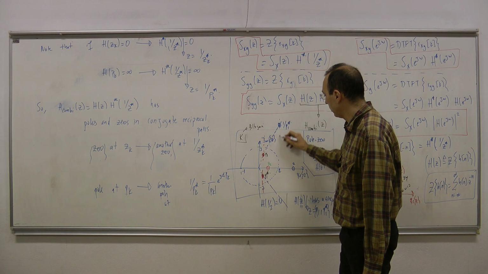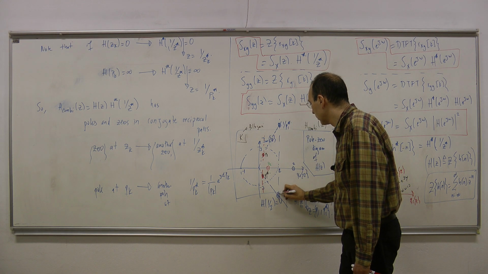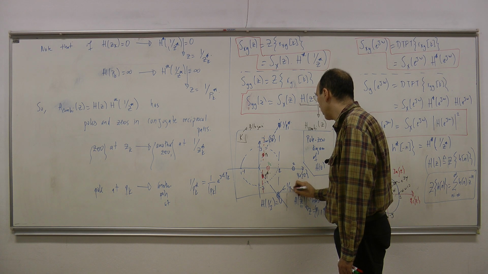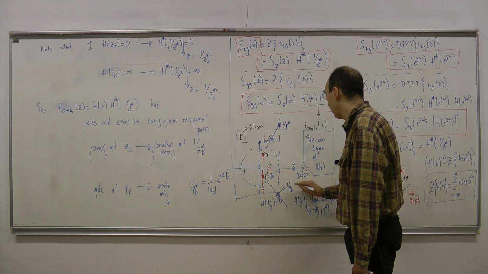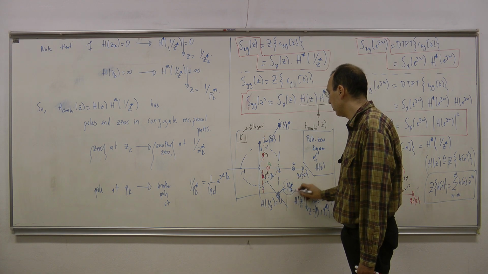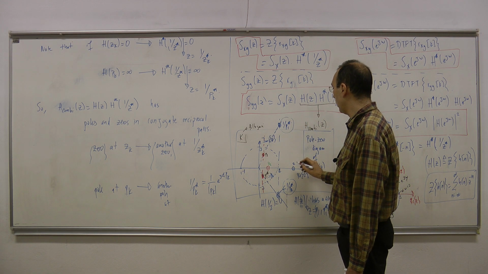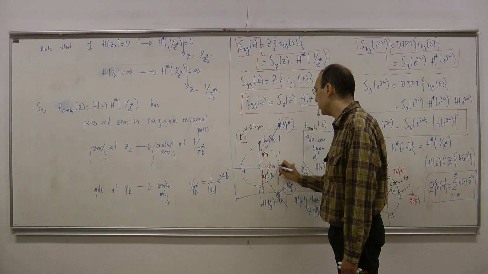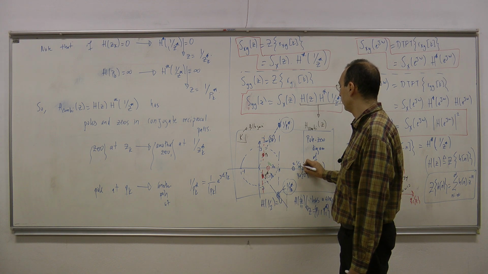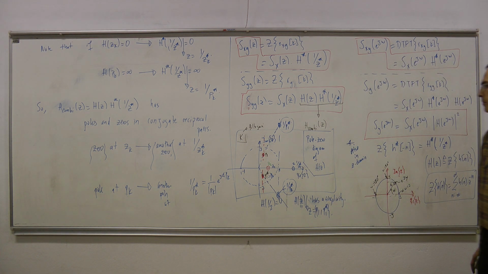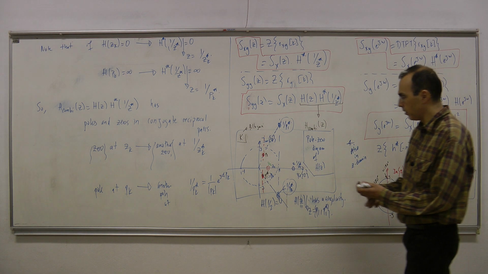So this is 1 over P1 conjugate. And similarly, there is, let's say, P2 over here. Let me call this P2, and 1 over P2 conjugate. This is the second pole, this is the first pole. And let me call this 0, 0, 1, and this is 1 over 0, 1 conjugate. Okay? Is this clear?